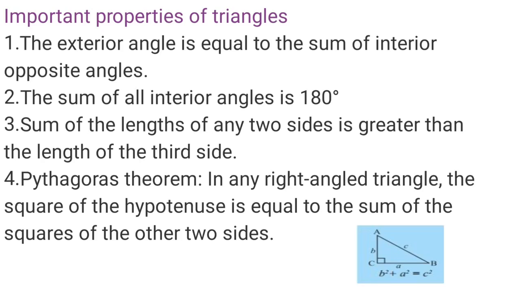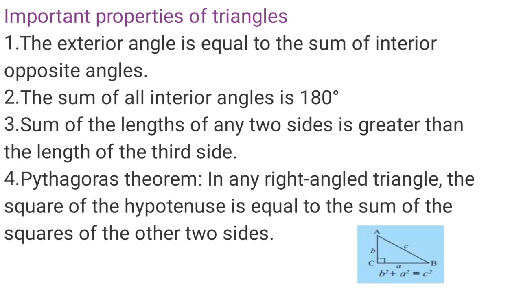We shall learn about the properties of triangles. Well, the exterior angle is equal to the sum of interior opposite angles. Also, the sum of all the interior angles is 180 degree. Here, sum of the lengths of any two sides is greater than the length of the third side.